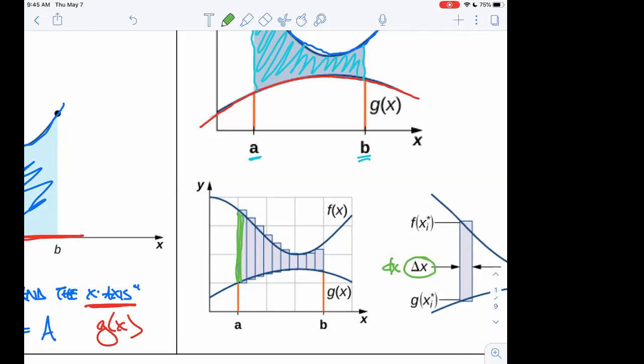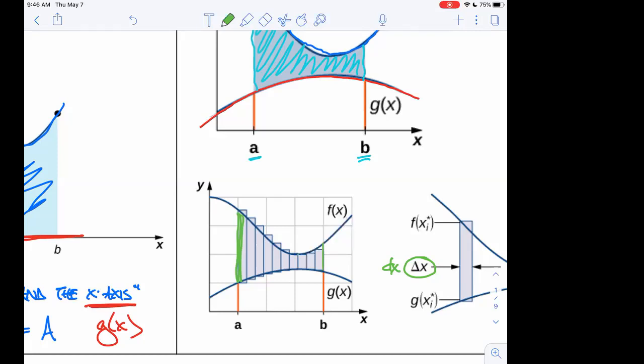And that's why when we take this integral, we're not dividing it into rectangles anymore, but the process we're doing is basically turning it into rectangles. These rectangles are so skinny that we almost think about it as just the height difference between the top curve and the bottom curve.